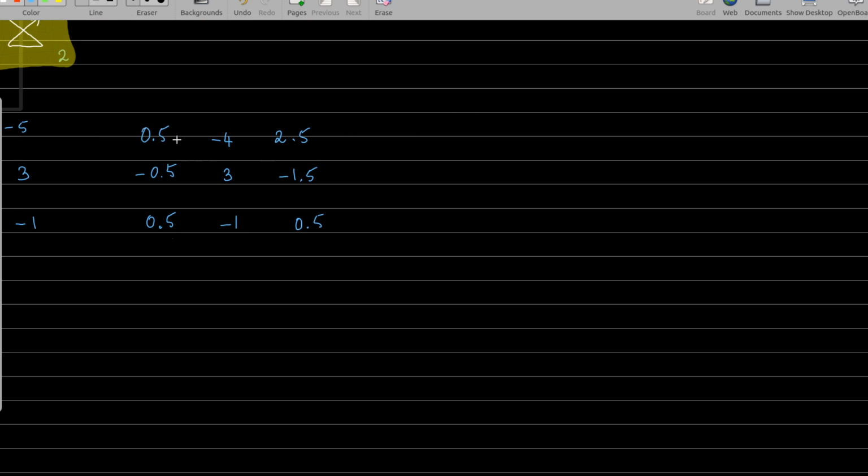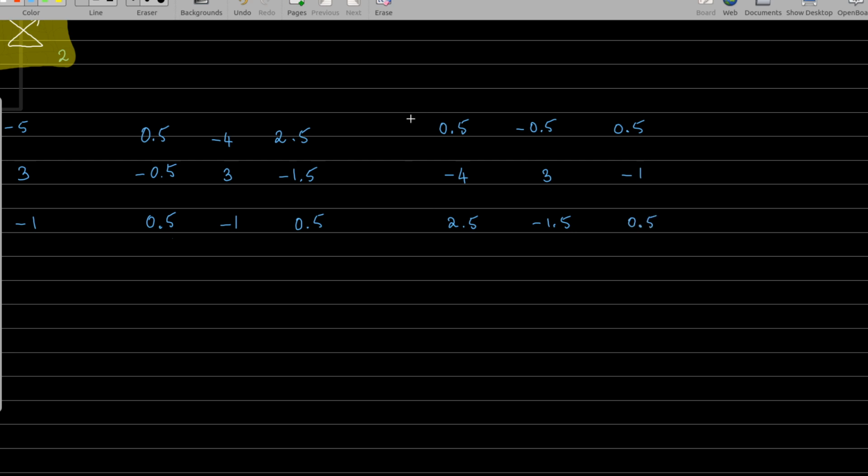So we have 0.5, minus 4, 2.5. So 0.5, minus 4 will come over here, and 2.5. Then we have minus 0.5, minus 0.5. Then we have 3 and minus 1.5. And finally we have 0.5, minus 1 and 0.5.